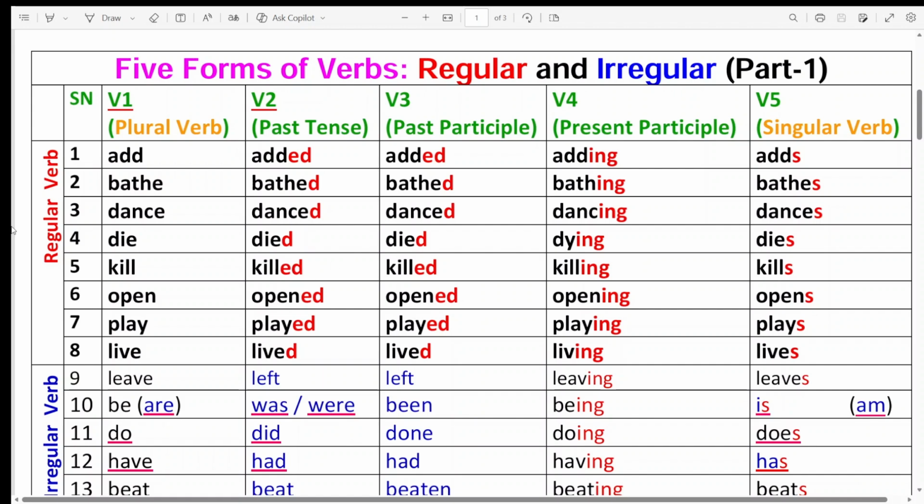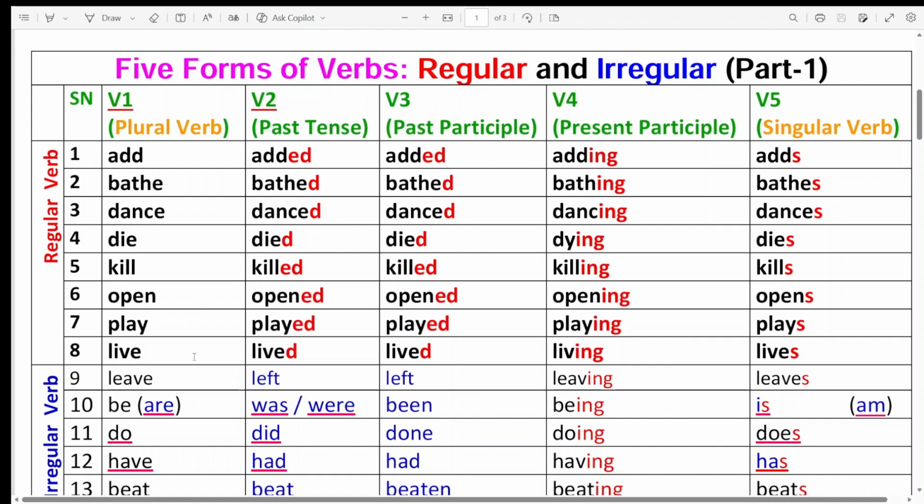Let me let you know here. Like add, add is a regular verb and its V4 is adding. And you see fifth number, kill, and its V4 is killing. Likewise, you see seventh number, play. Play is a regular verb and its V4 is playing.